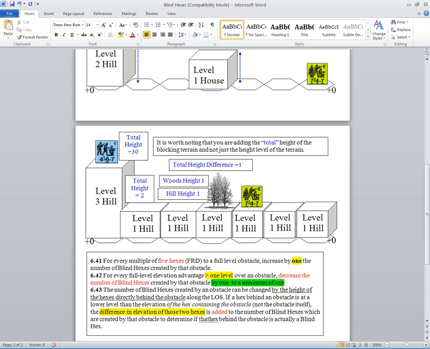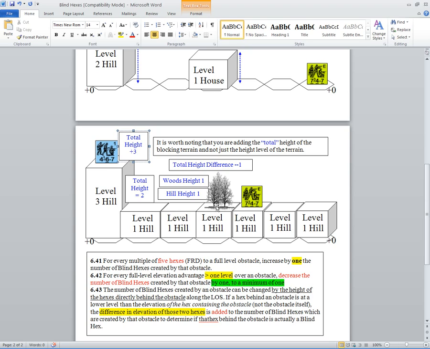So for example, if we have a level 3 hill here, we know that it's going to be total height of 3. Level 1 hill, level 1 hill, level 1 hill, level 1 hill, all these are level 1 hills. Our obstacle here is our woods, which is also a level 1 obstacle.